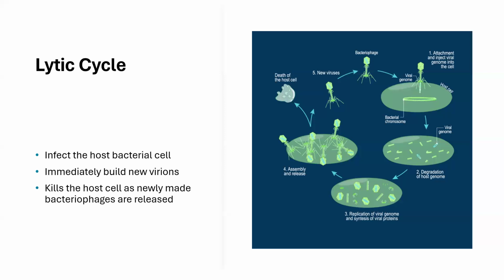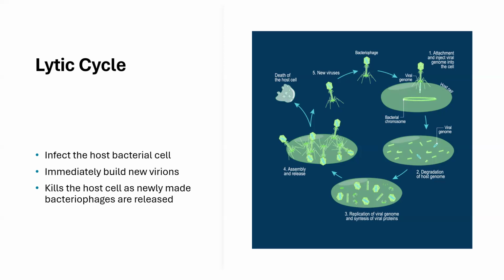In the lytic cycle, the basic way that this works is that the host cell is going to get infected by your bacteriophage. It's going to attach to the outside and insert its genome, immediately start building new virions.